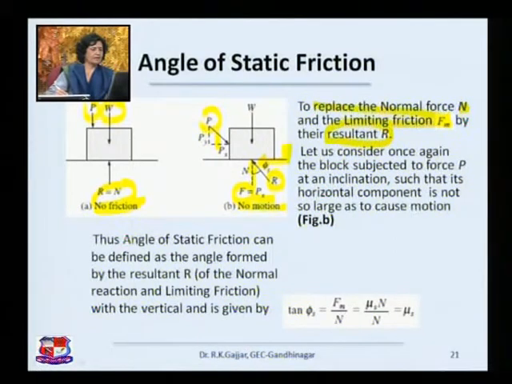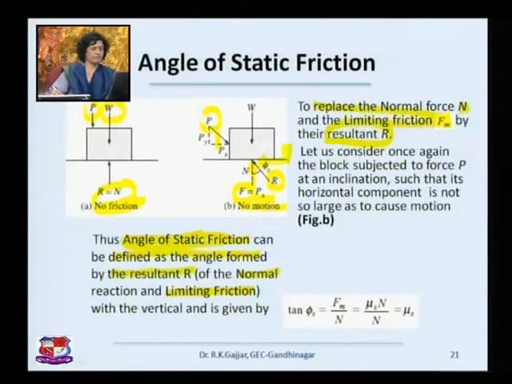So, the angle of static friction, new terminology, new concept. Let us try to understand what is the angle of static friction. It is defined as the angle formed by the resultant R. What is the resultant R? The resultant R is obtained from the normal force and the limiting friction. Not any other friction.